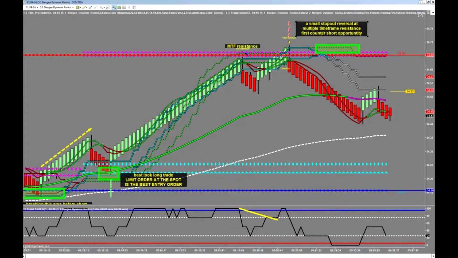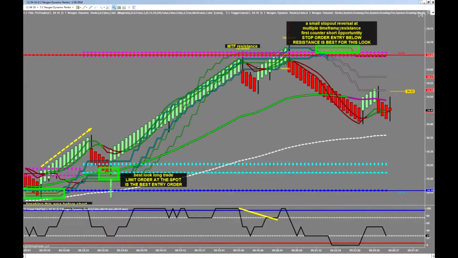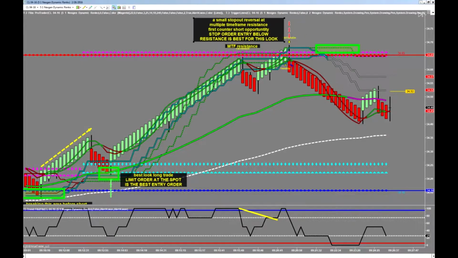Then you look at a second test of multiple time frame resistance. And again, this is my thought process on this. As they retest, wrong button.